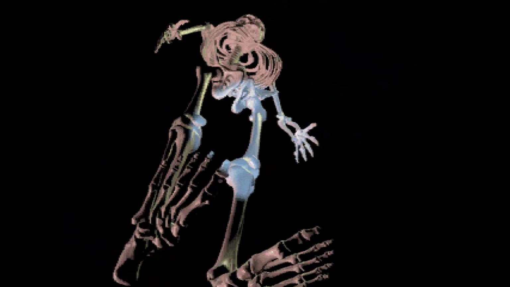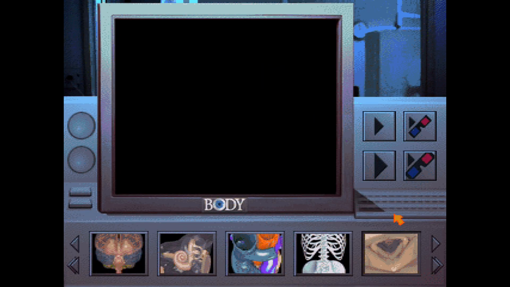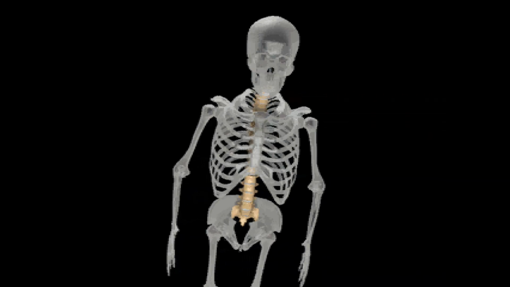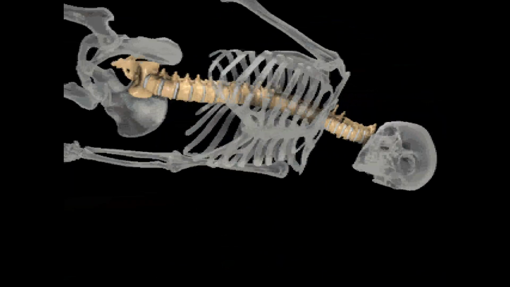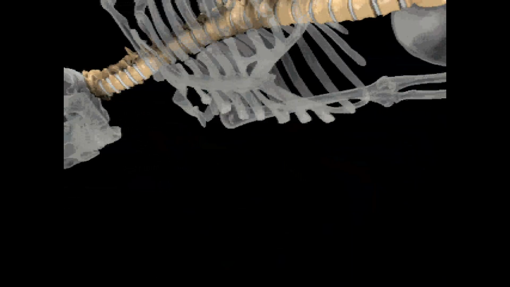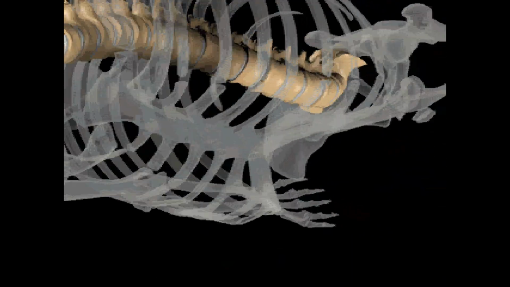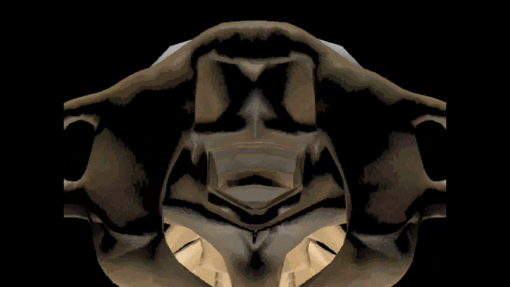Scapula. Cervical spine. Thoracic spine. Lumbar spine.